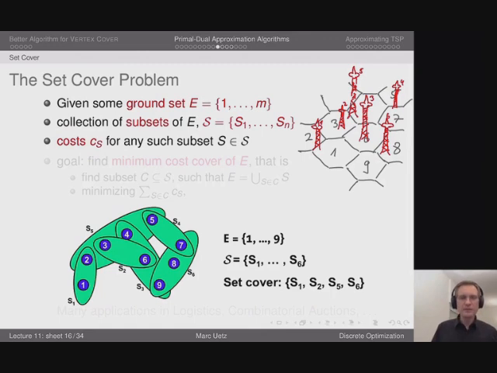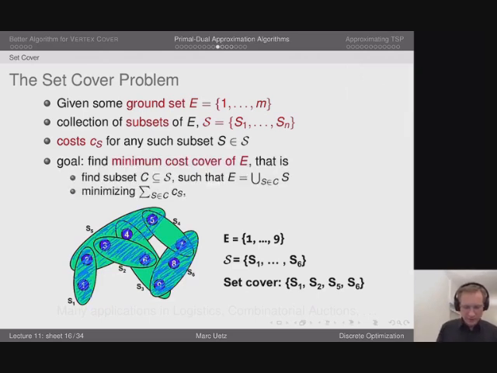And I would like to minimize the total cost of all the subsets that I select in order to cover all the elements. Okay, so now the application has vanished from the slide again, but I would like to find a minimum cost cover of all the elements, of all the grid cells in my vanished picture, minimizing the total cost and covering all the elements, right?